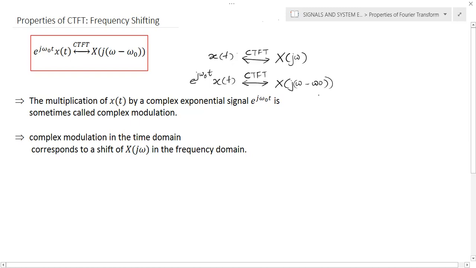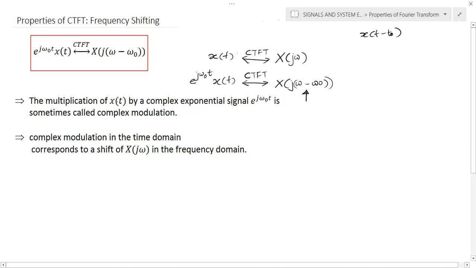In other words, this is equivalent to a shift in the frequency domain, because of omega minus omega 0. Previously, we also explained another property, the time shifting, where it becomes x of t minus t0. Now the shift is performed in the frequency domain, and that's why it's known as the frequency shifting property.